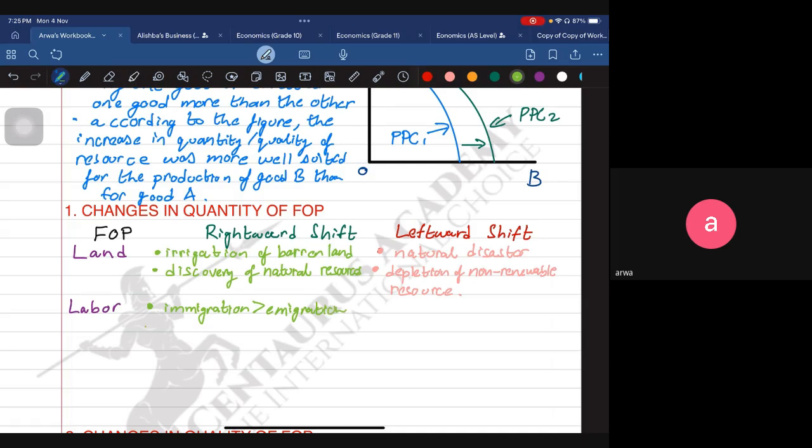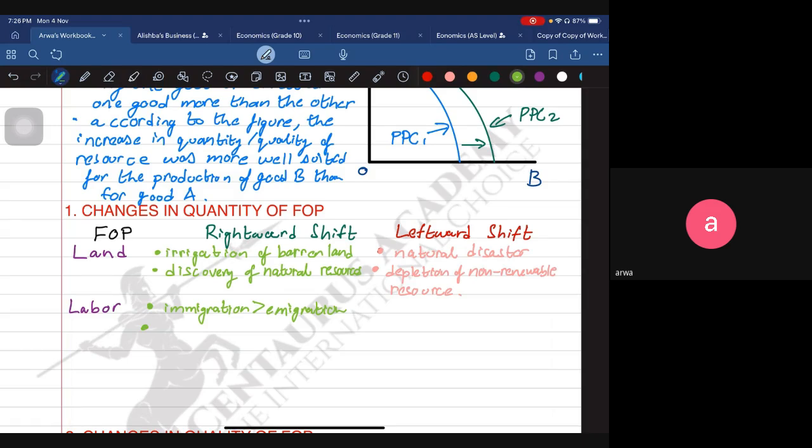Okay, fine. What else? I think another way is that in some countries, for example, women are not allowed to work. So if they change the policy and women are allowed to work, it will drastically increase the quantity of labor, especially in the developing countries. The female participation in work.